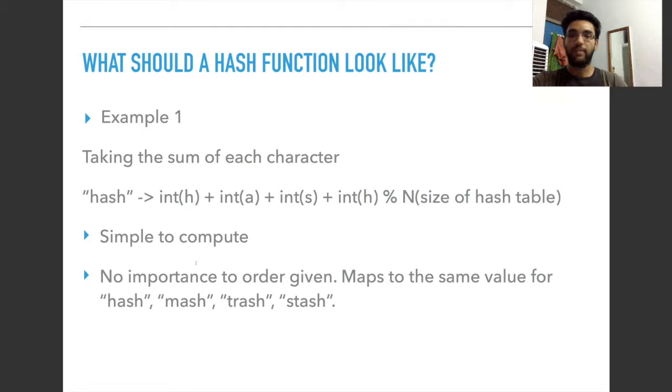It can be computed very fast. However, this can give rise to multiple collisions because firstly, it gives no importance to the order of the characters in the string, and there are many string instances that can give you the same hash value. For example, hash, mash, trash, and stash. They all give you the same hash value.